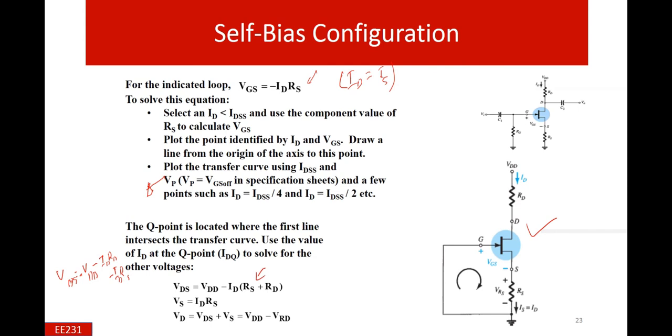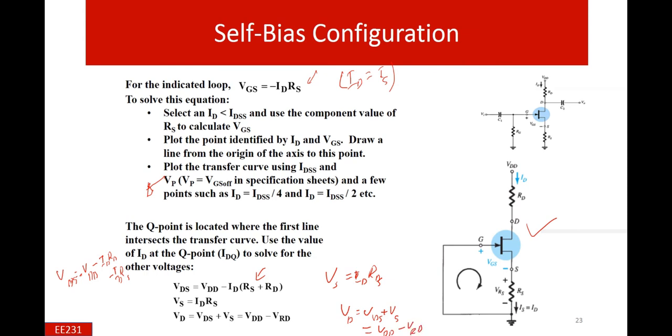So this is the relation. And similarly, what is the VS? In the last case, the source terminal was directly connected to ground, but in this case it is equal to ID times RS. And similarly, in the last case VD is equal to VDS, because in that case VS is 0, but in this case VD is equal to VDS plus VS. And definitely, from the above relations, this is equal to VDD minus VRD.